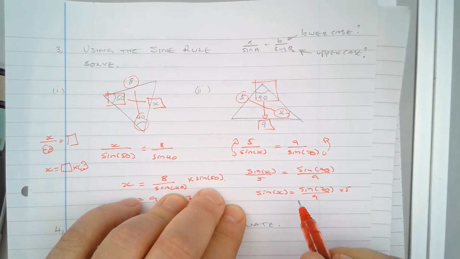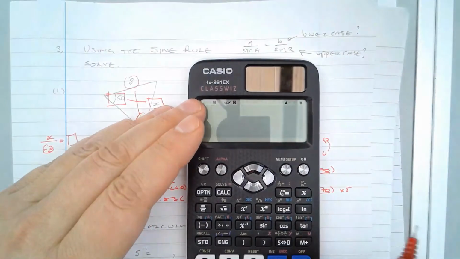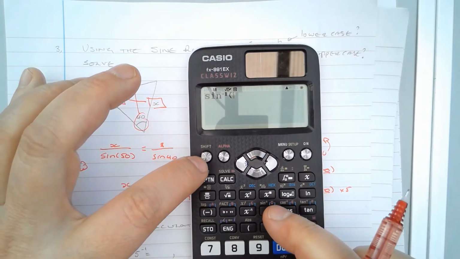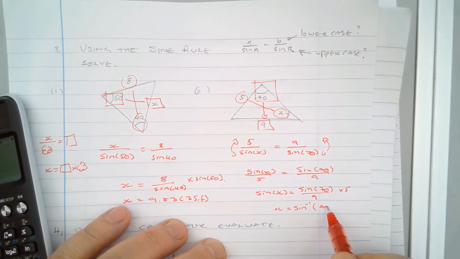And then whatever that answer is, I am going to do sine minus 1. Remember here that's the yellow function, got by shift sine, that's important. So we get whatever the answer is to the previous bit.